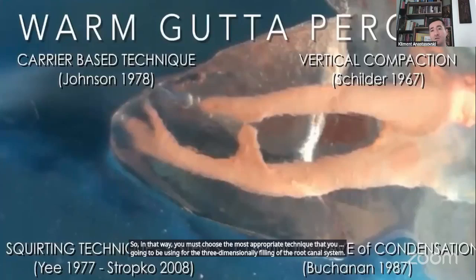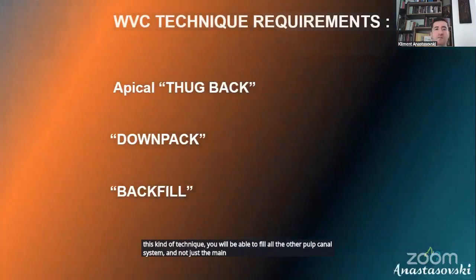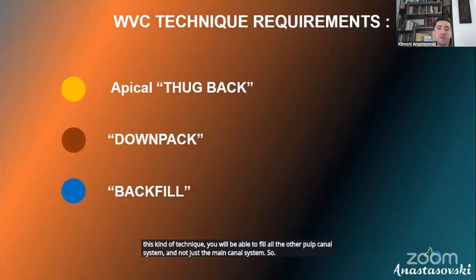I always advise you to use the warm gutta-percha technique if you wish to fill all the root canal system, because in my opinion, only with this kind of technique will you be able to fill all the pulp canal system and not just the main canal. So what are the warm vertical compaction technique requirements?